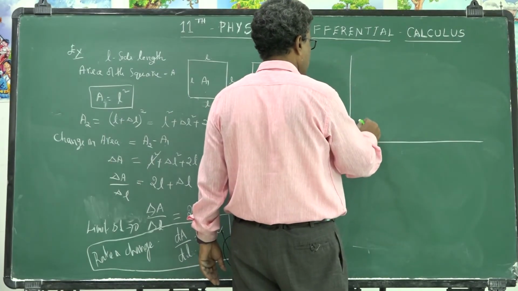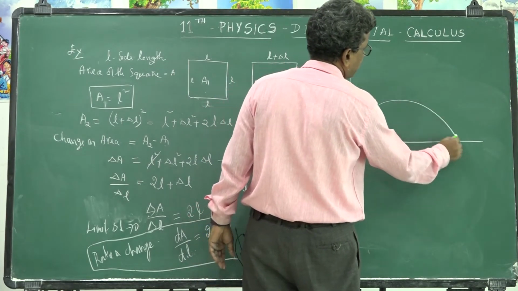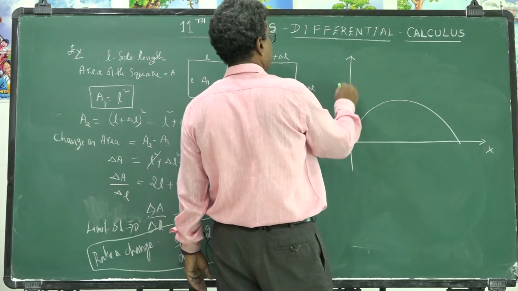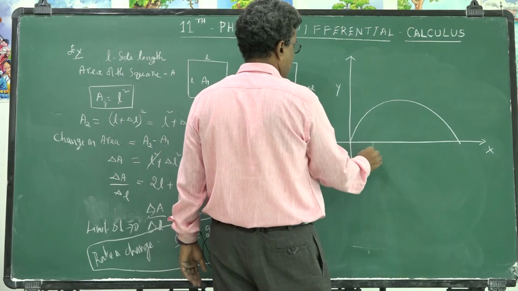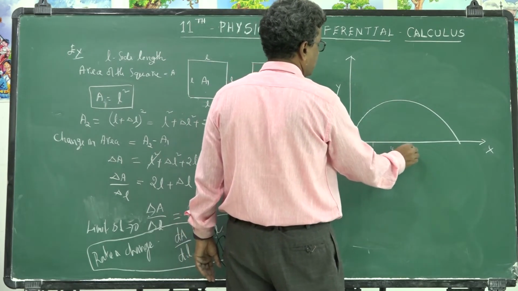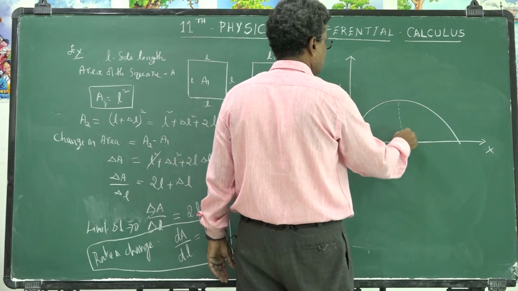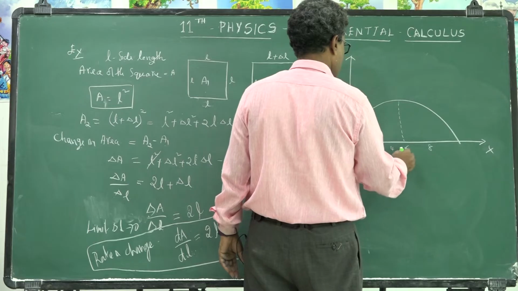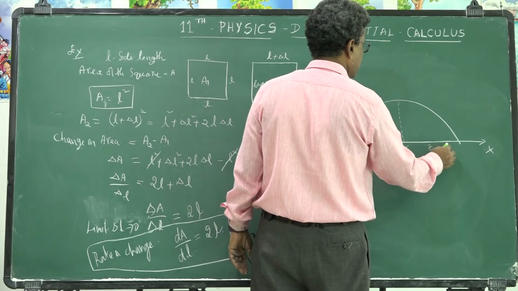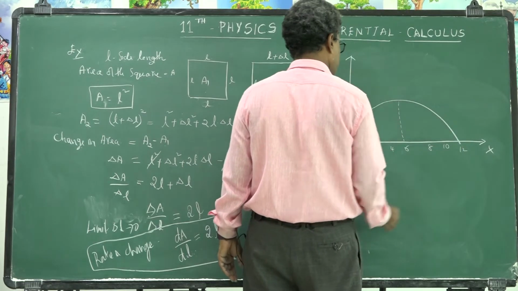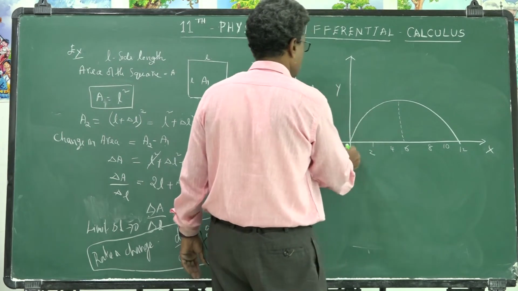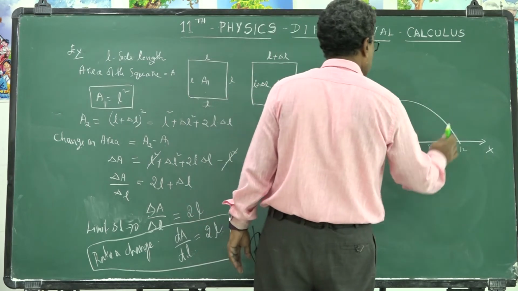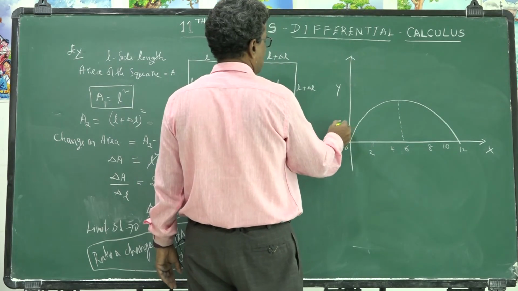Suppose there is a graph like this, x and y, with values 2, 4, 6, 8, 10, 12, like this. So there will be a scale like this.